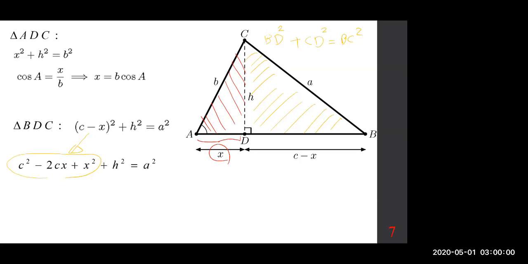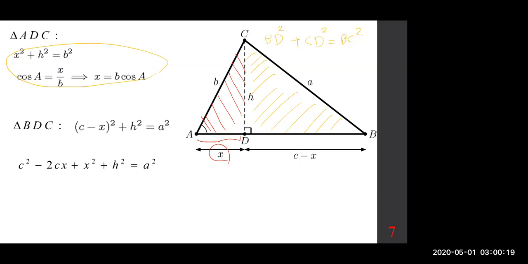Okay, let me erase that because I want to show you something. We are going to use everything that we see here. X squared plus H squared is the same as B squared.